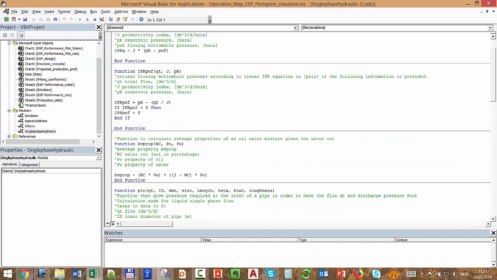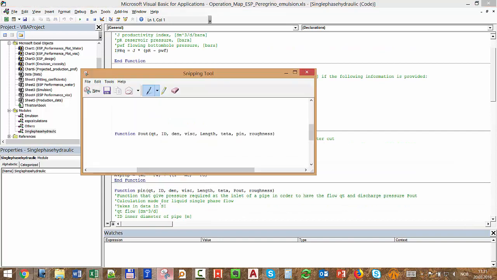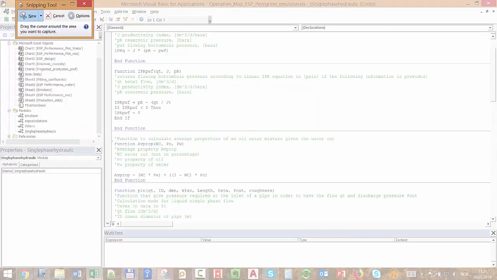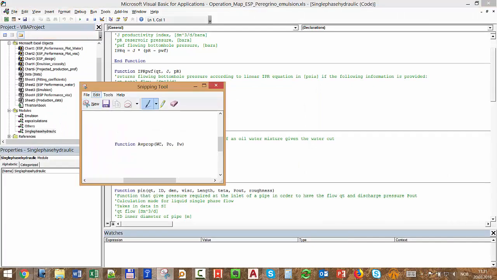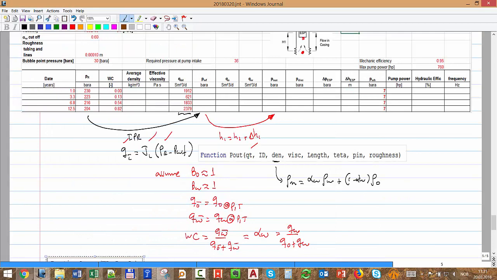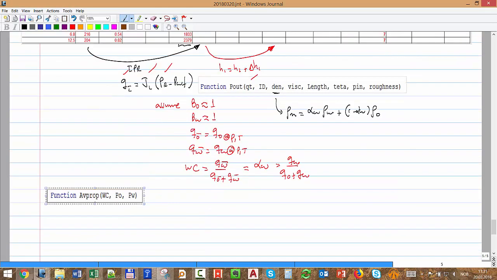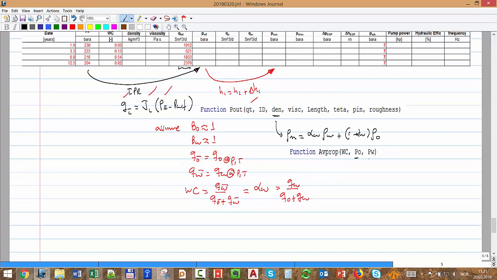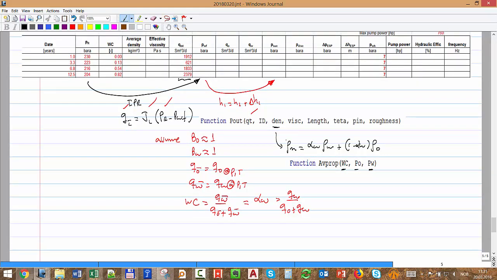It's called the average property function. Where is it? Here. You give the property of the oil, property of the water, and the water cut, and it will calculate the density or the average property.